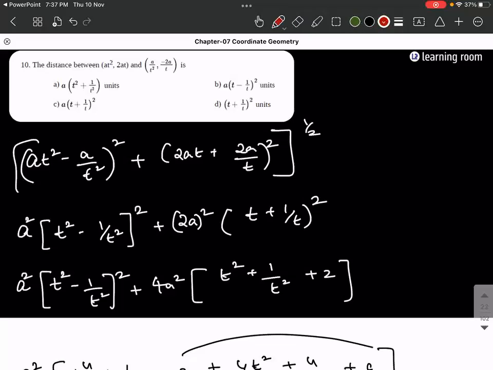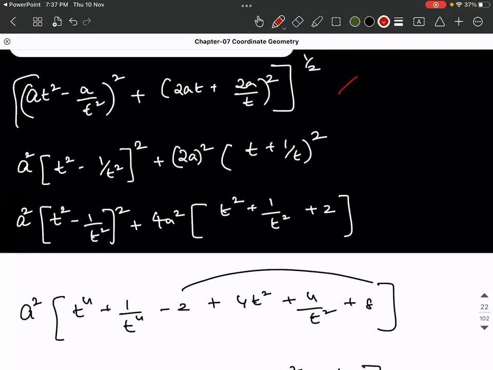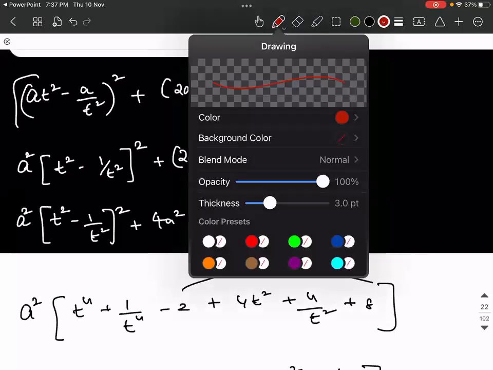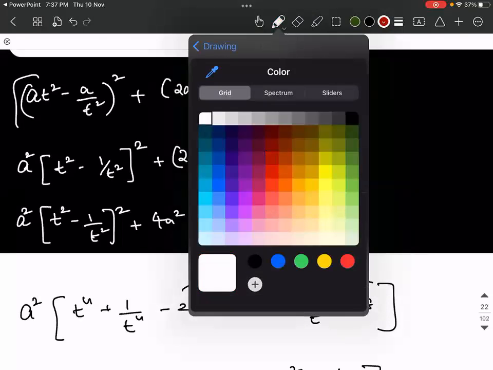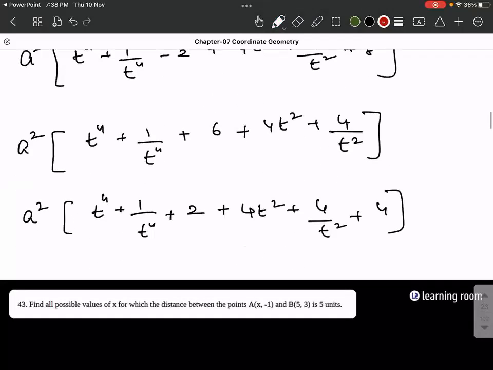So I basically did root of (x2 minus x1) the whole square plus (y2 minus y1) the whole square only. After doing all these things, I just expanded them, following the basic expansion. Once I did the expansion, I got this kind of an expression.